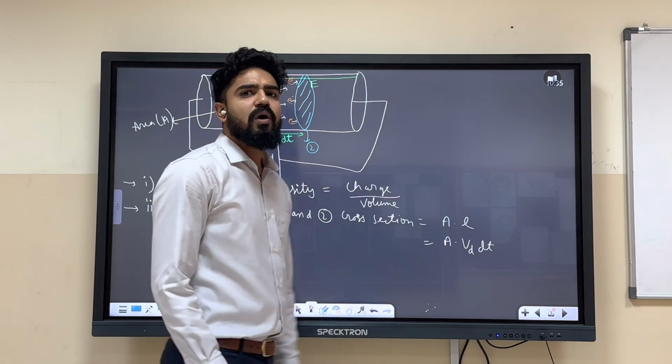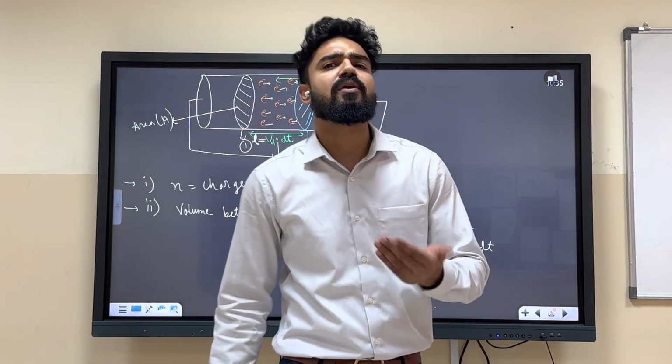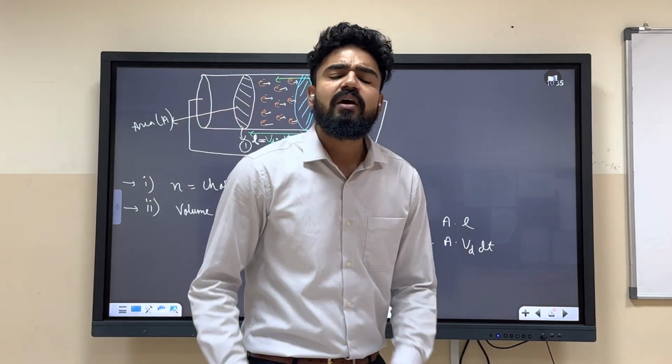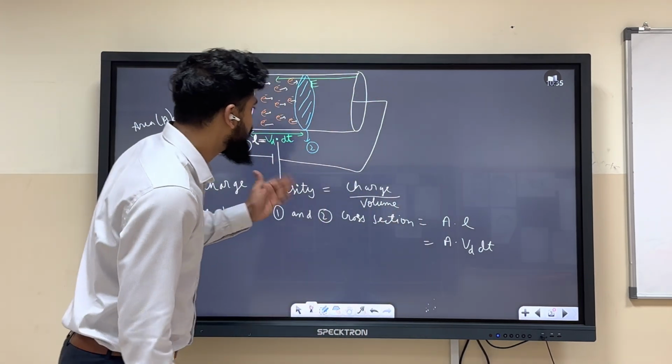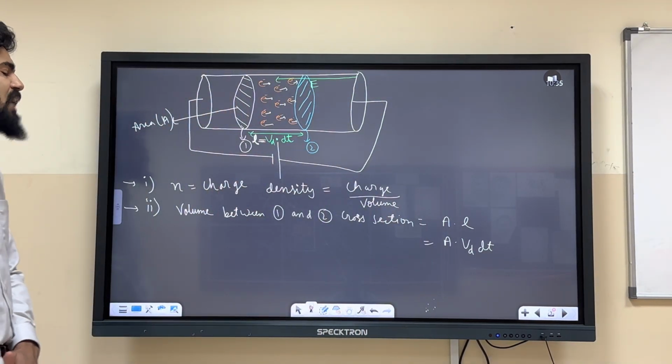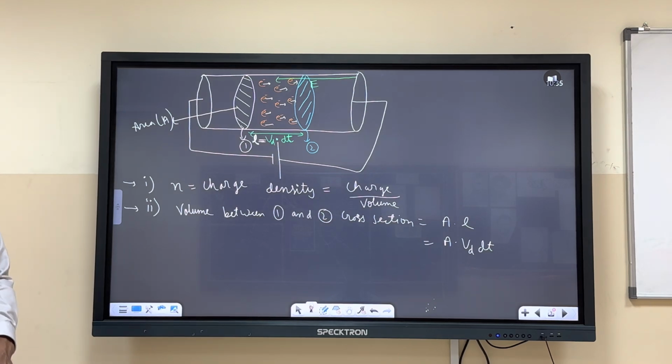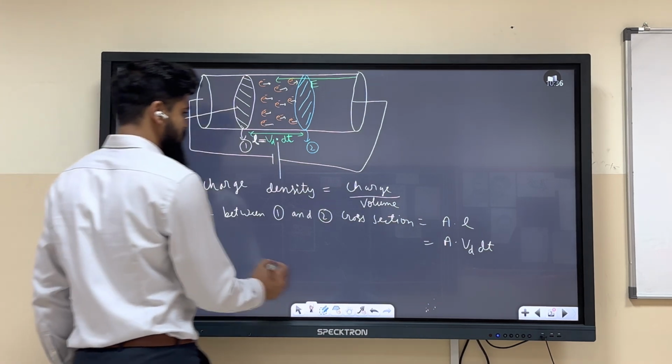If you have to calculate number of charges, then you should multiply charge density with what factor such that you will get charge? Obviously volume. Dekh bhai, you will multiply with volume so that you will get charge. Correct? Very good. चलो भाई.